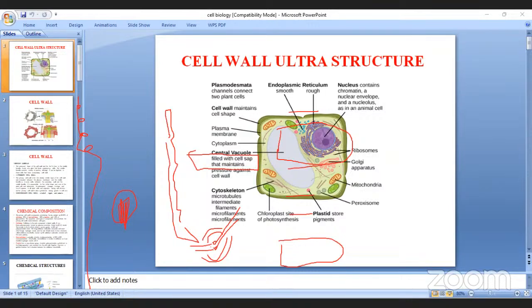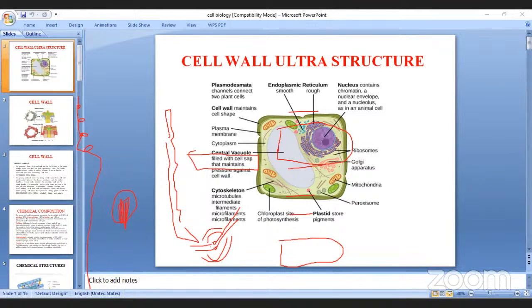Actually, during anaphase the chromosome shows bending, already we can see in the diagram. But what happens at the secondary constriction? Is it bending or straight? Straight, sir. Do not bend.